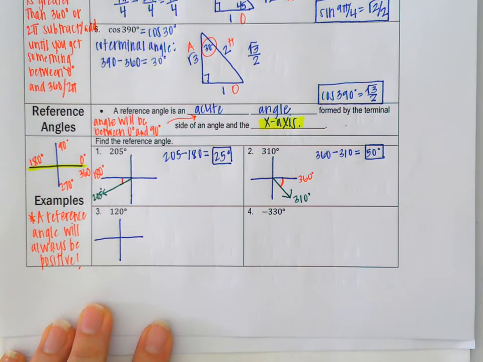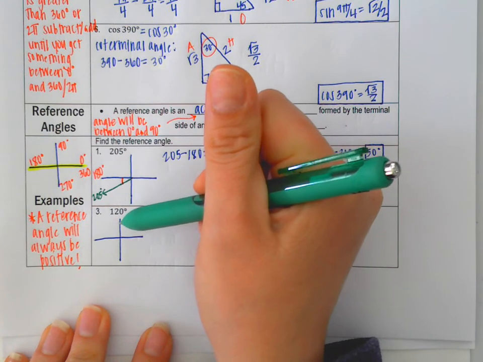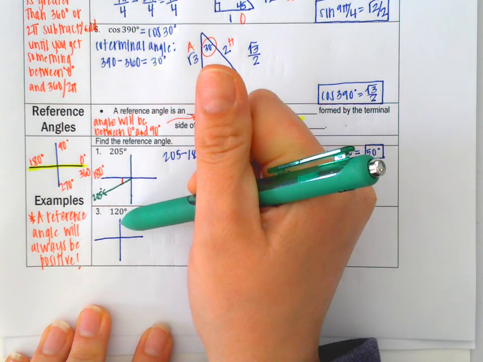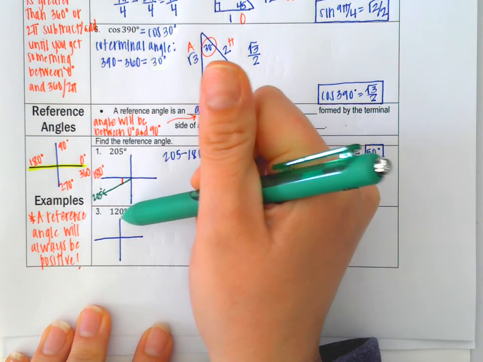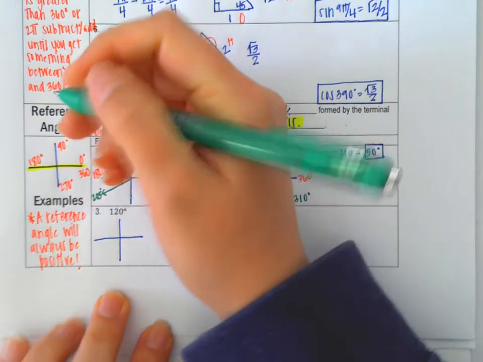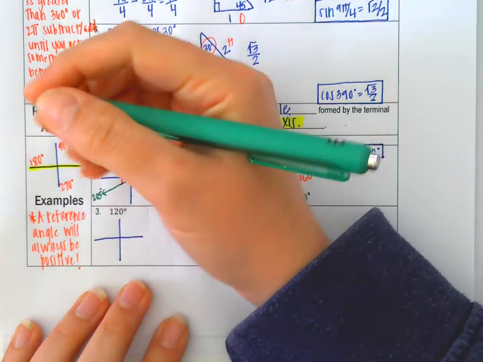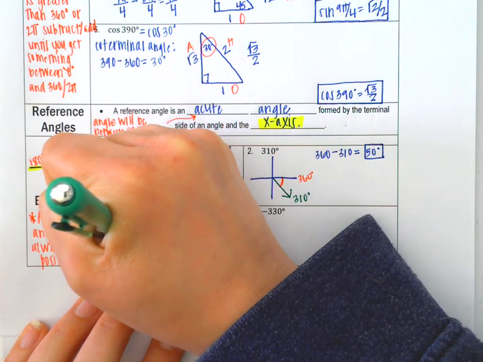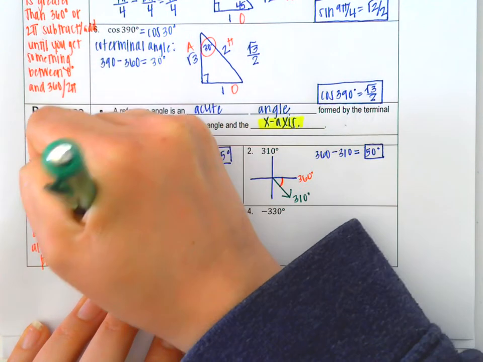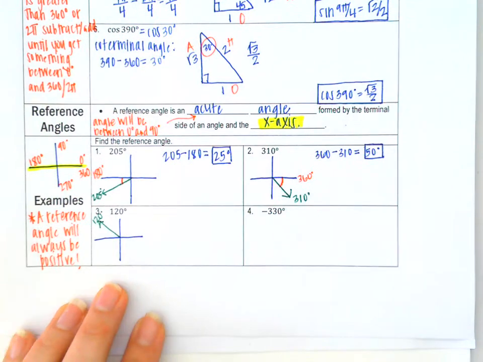So 120 is not in quadrant 1. That's 0 to 90, but it is in quadrant 2 because that's 90 to 180. And so in quadrant 2, it would be about there. I don't know. I'm not good with my guesstimates.